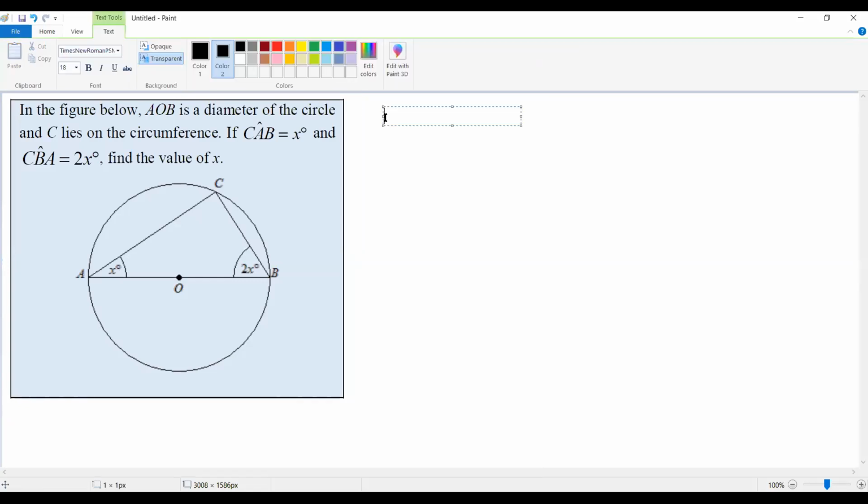So let's see. Theorem 3, which states that the angle in a semicircle is 90 degrees.